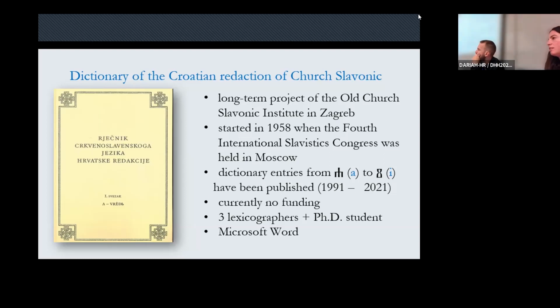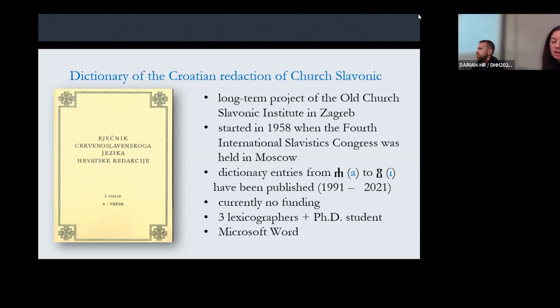So you can see that it's a really slow process, and there are several reasons for the slow compilation. One of the problems is that currently the project has no or very limited funding. There are only 3+1 PhD students, so 4 people working on it, who are all engaged in other projects as well.